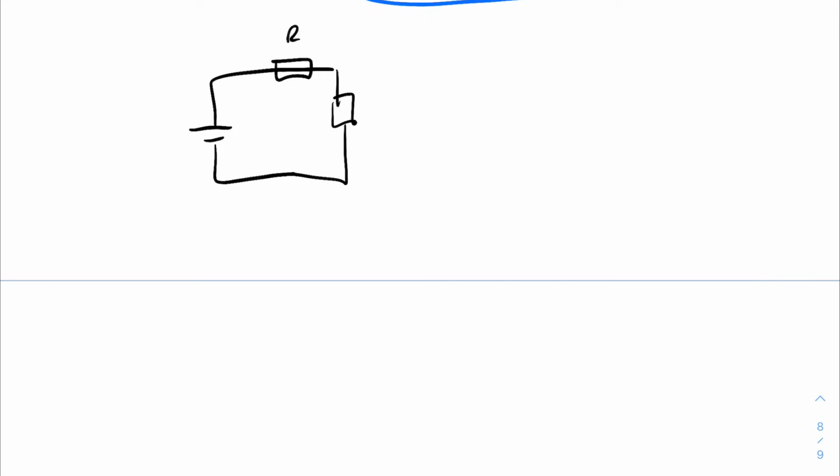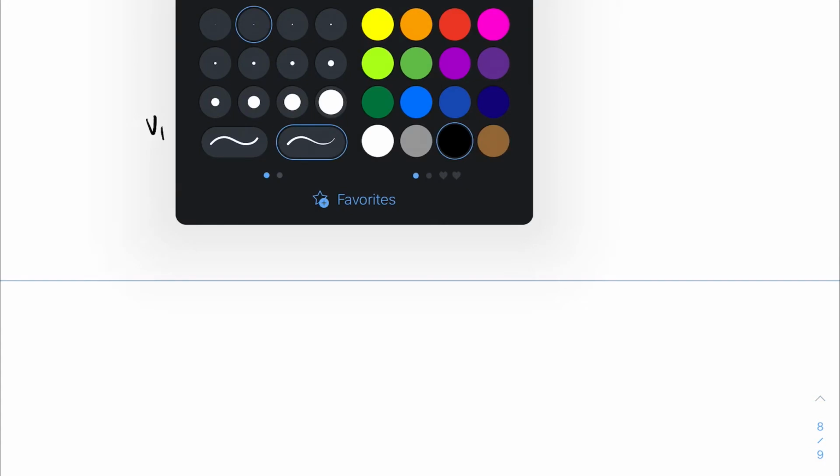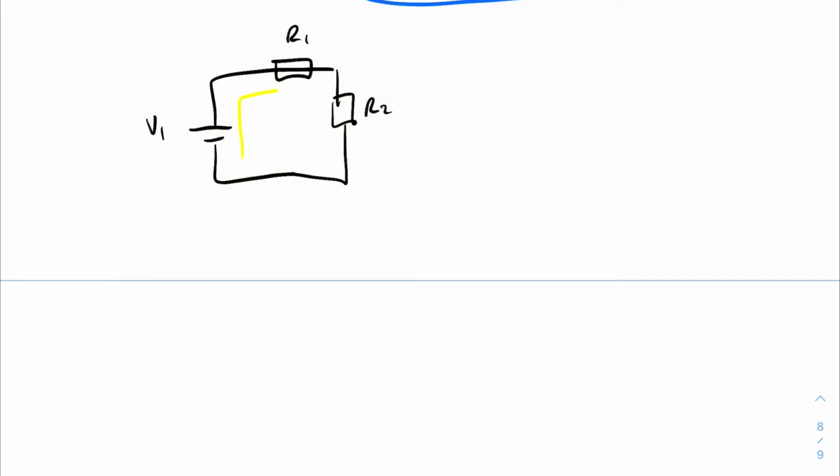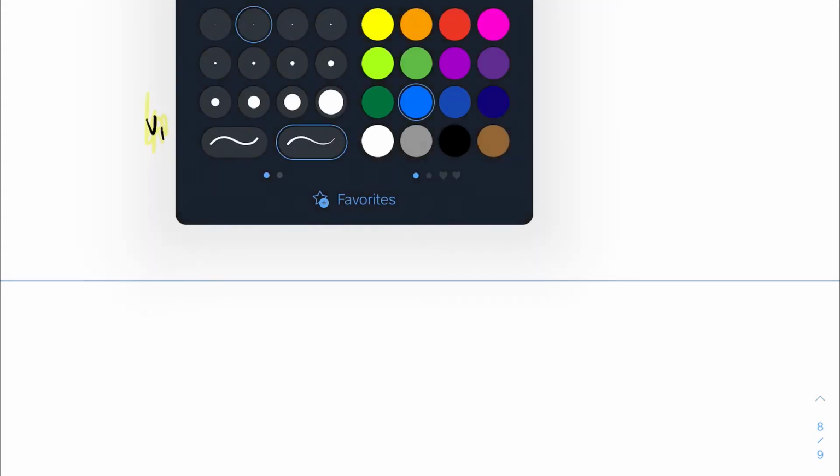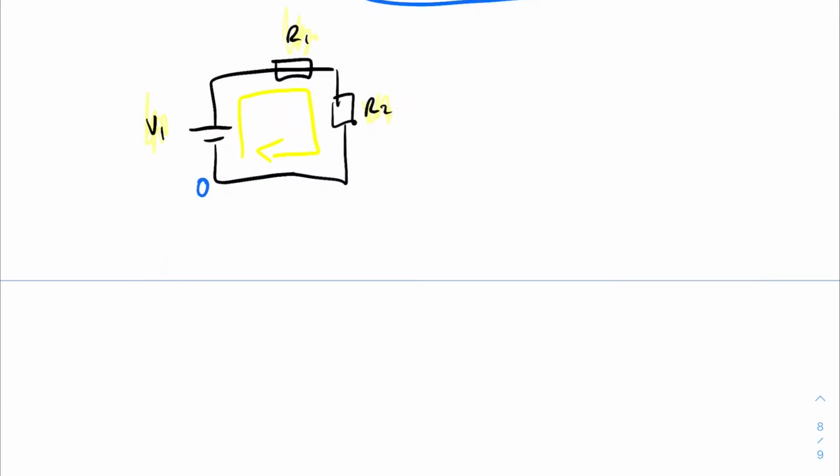Okay, so we call this R1, R2, and we call this V. So what we're saying is that the voltage drops around this loop here are equal to 0. So you take the voltage supplied by V1 minus the voltage drop across R1 minus the voltage drop across R2, and that gives you, when you get back to this point here, 0.